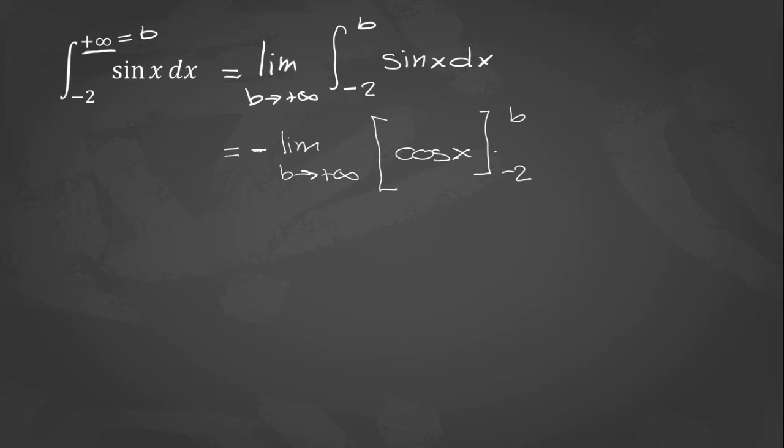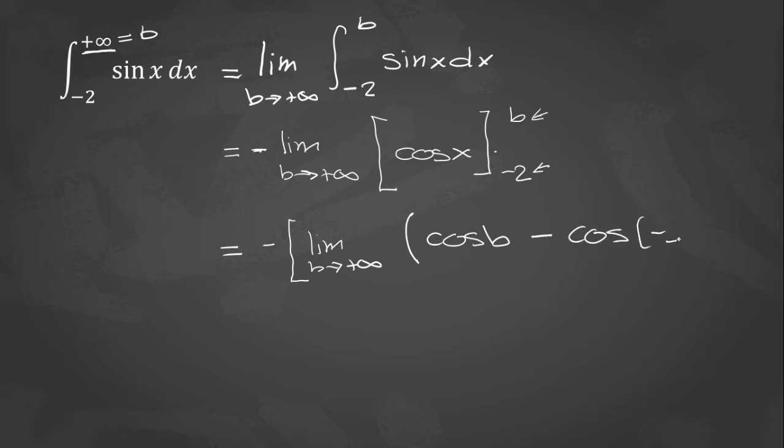Next, by substituting these limits of integration, it will become the negative limit as b approaches positive infinity of cosine of b minus the cosine of -2.